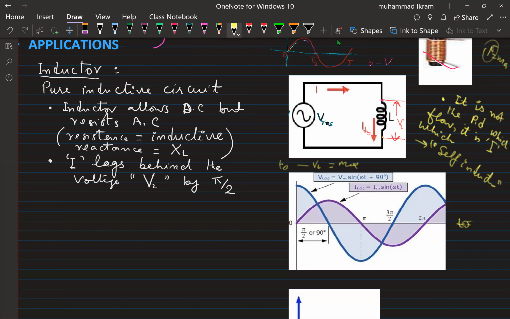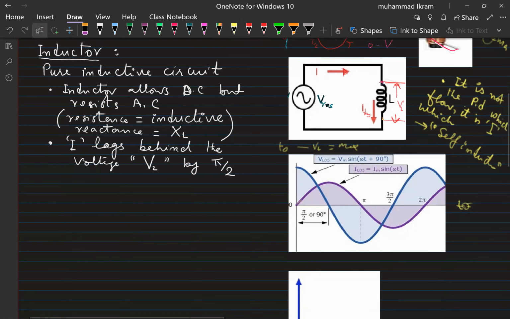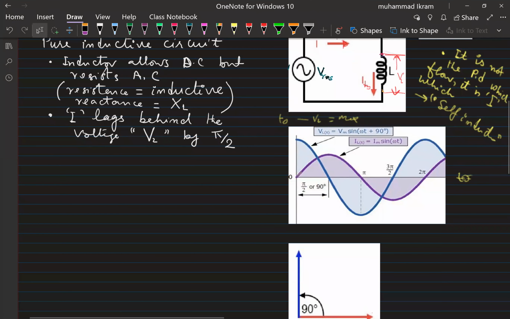Now as the current builds up passing through the circuit, an induced EMF is produced. And as the potential difference rises, the current across the inductor increases. So that is one of the physical interpretations for this. Now, as we know for the pure inductive circuit, let us start from the inductive circuit.